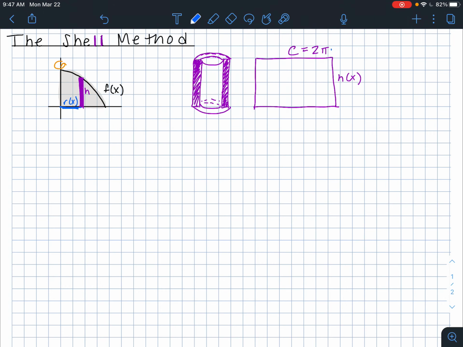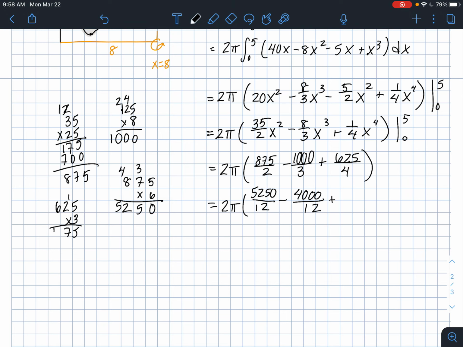Then 875 times 6 is 5,250, and 625 times 3 is 1,875. So let's see, plus 1,875, minus 4,000.